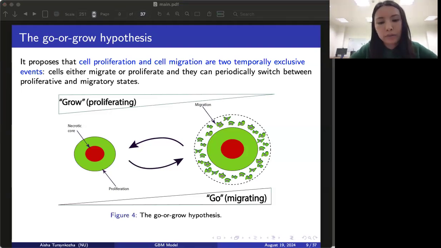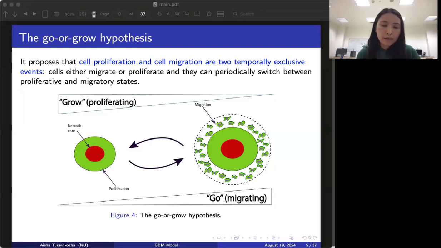As it grows, the center of the cells becomes dead. For now, we are not focusing on the dead cells. We are just focusing on proliferative and migratory cells, but in our future work we want to include these 3 types of cells: proliferative, migratory, and dead. Here we want to investigate the spatiotemporal dynamics of tumor growth.